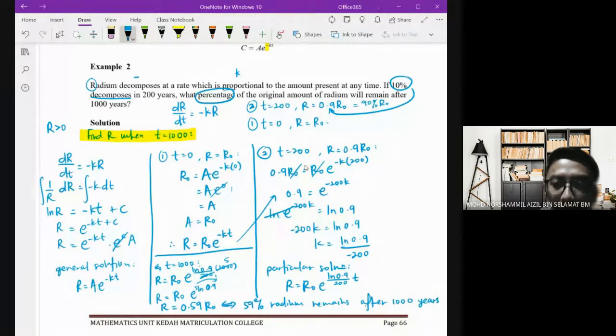Macam tajuk lagu pula nah. Maksudnya macam tu. Radium yang ada 100% tadi akan berkurang sampailah tinggal 59% sahaja pada tahun ke 1000. Dapat tak? Lain macam soalan dia nah.